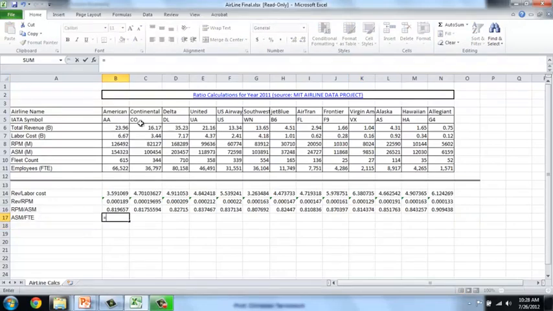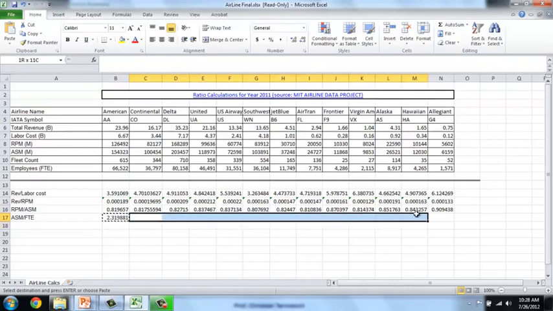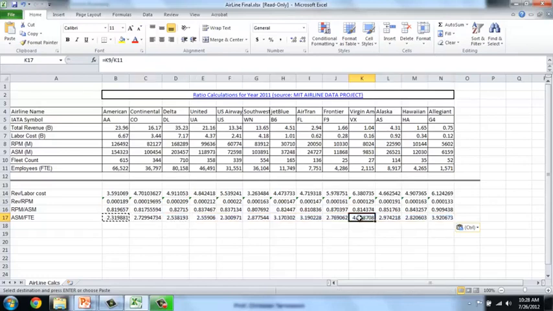So ASM divided by employees. If we compare this across the carriers, we see that the leader in productivity on that side is clearly Virgin America. Southwest, though, does relatively well compared to its immediate competitors, the legacy airlines.